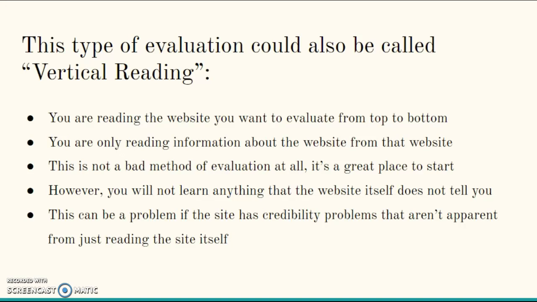Possibly the site is doing a great job of hiding that the information you will find there is not credible. Possibly you might even evaluate the website with the CRAP test and not find any obvious problems. This is not good because you might accidentally use an untrustworthy website.